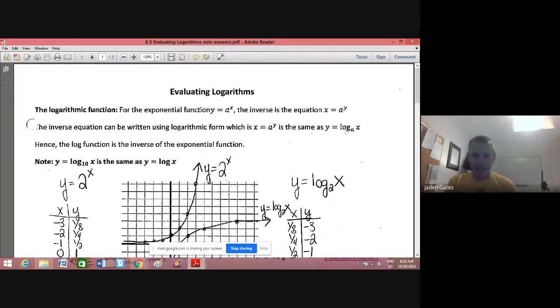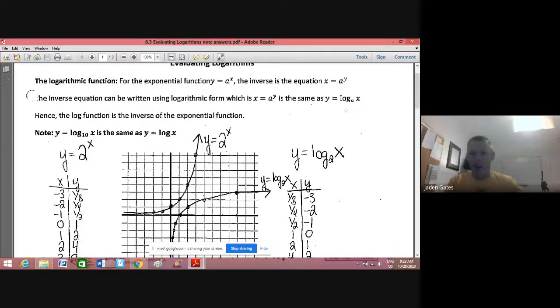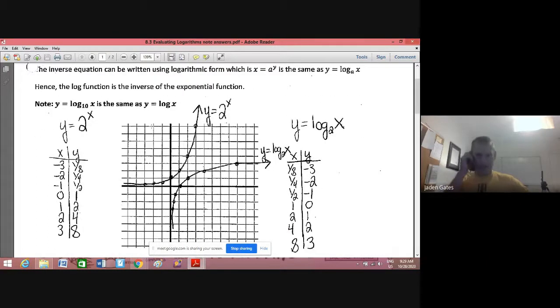When you look at the log function, the a value is your base, the x value is your answer, and the y value is your exponent. That's the key today. That's the really weird part. So again, the a is your base, the x is your answer, and y is your exponent. That's how it's written.